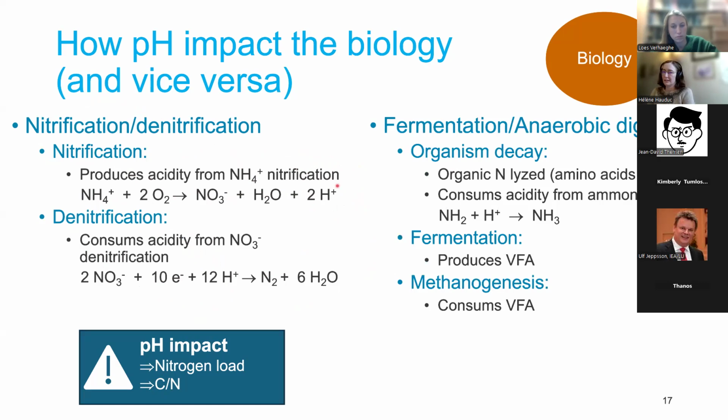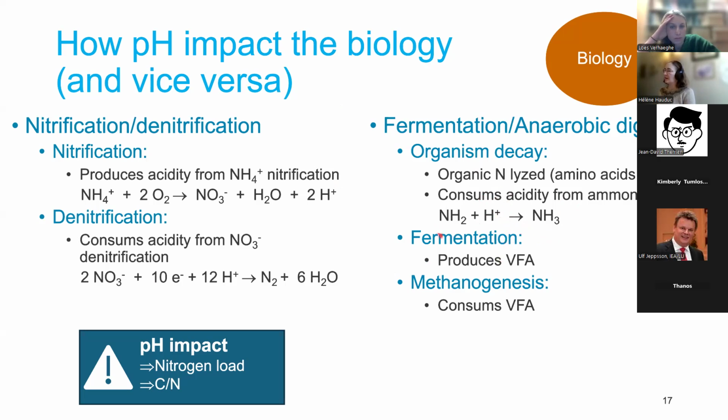Another example is what happens in the digester. The secondary or primary sludge feeds the digester, and we first have a lysis of the organic matter. All the nitrogen coming from this lysed organics is ammonified, and this ammonification consumes a bit of acidity, a bit of protons.